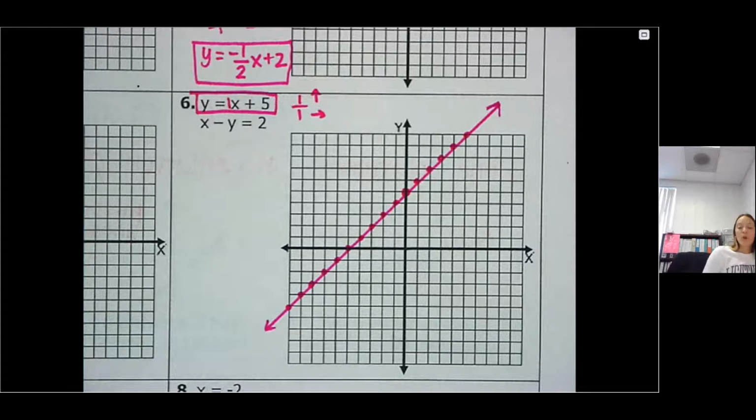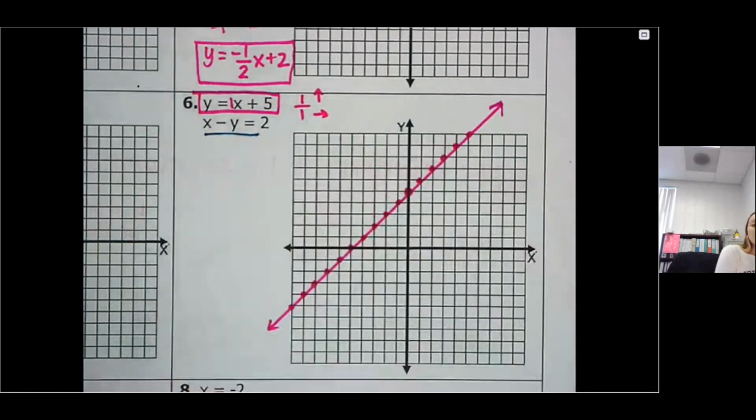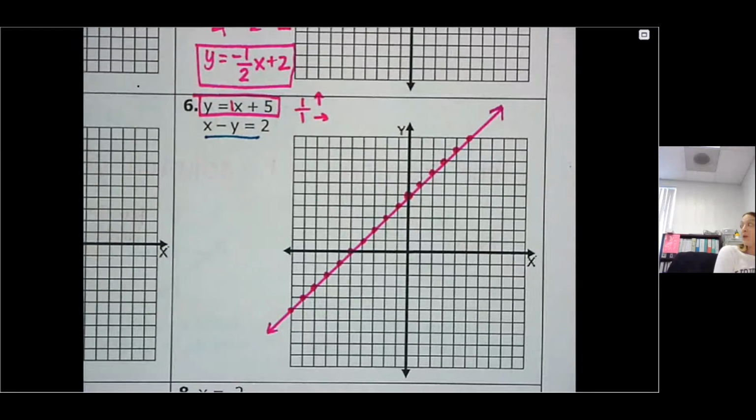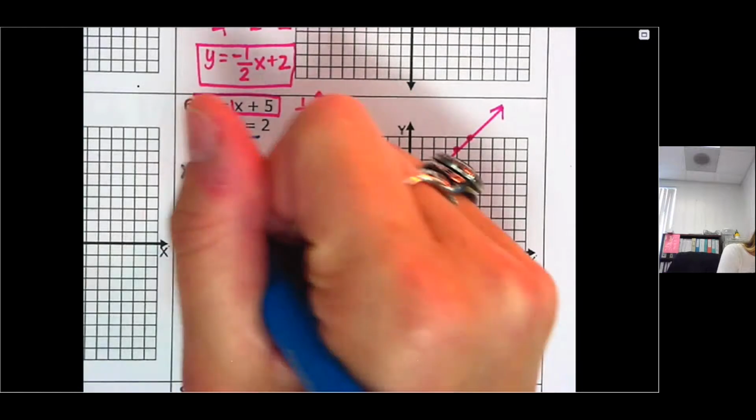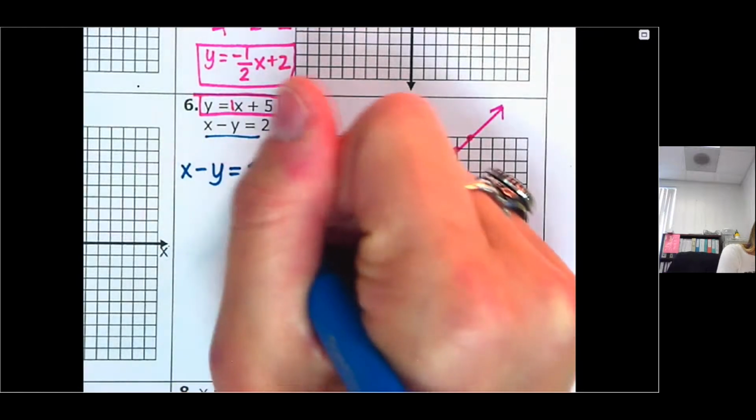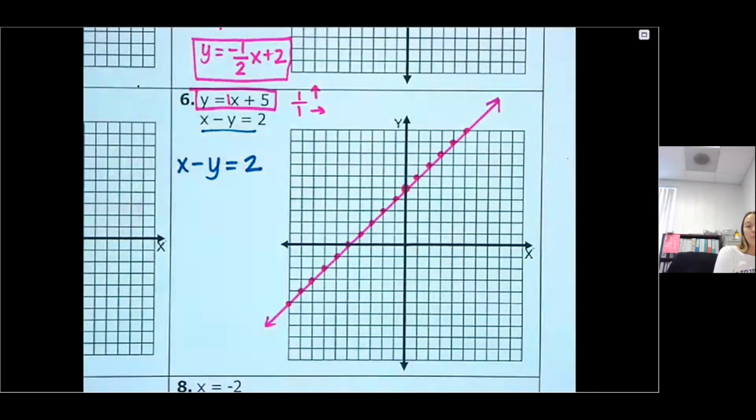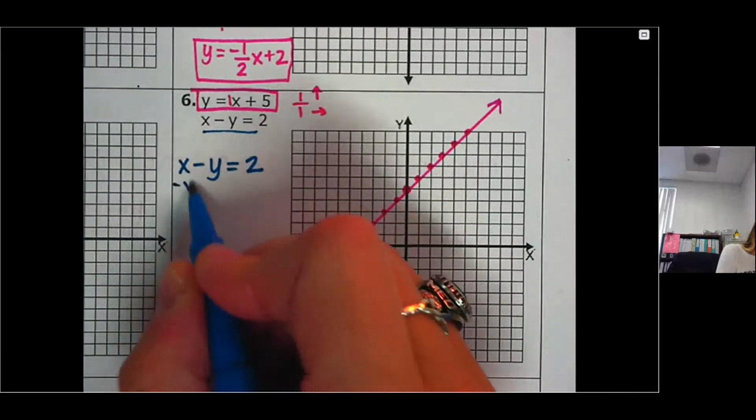All right, the second one is not written in the right form, which means we have to rewrite that one. You've got to get the y by itself. So what should I do first? Move the x over by doing what? Subtract it from both sides: minus x, minus x.